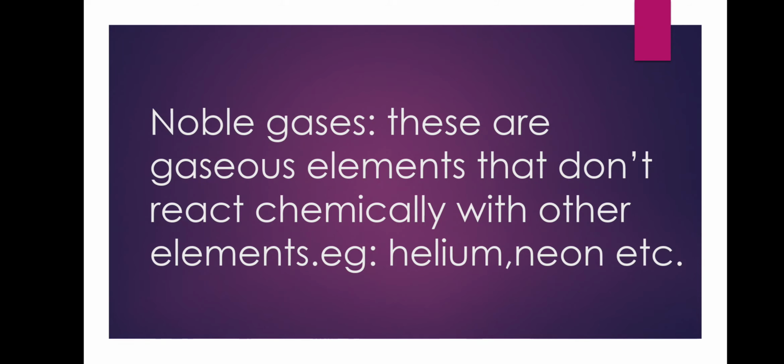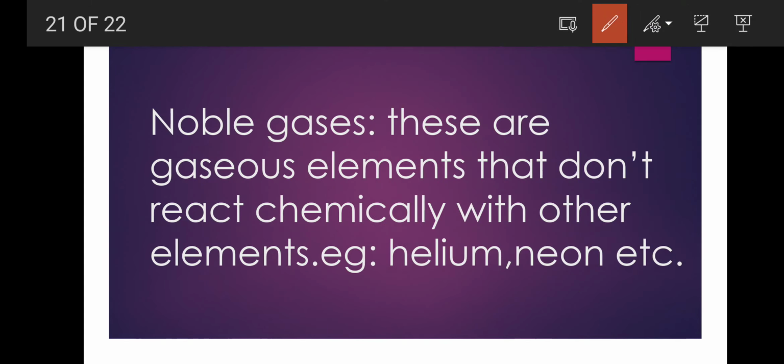Next is inert gases, or we can say noble gases. Okay, this is the fourth type of element. So noble gases are what? These are gaseous elements that do not react chemically with other elements, and that is why they are called inert gases.